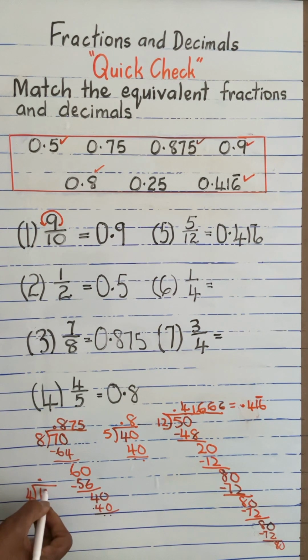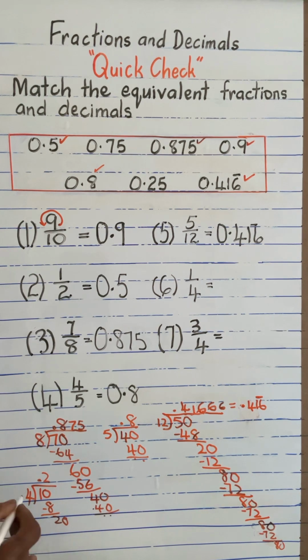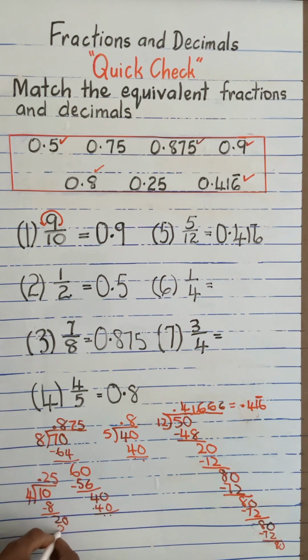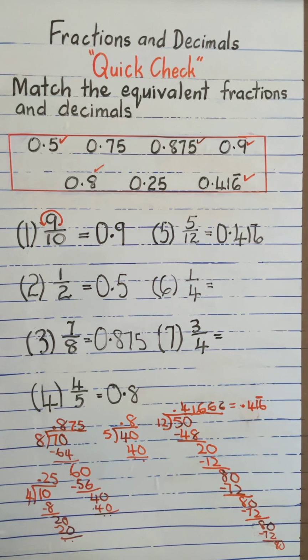No time. Put a point and a 0. How many times can 4 go into 10? 2 times. 2 times 4, 8. Subtract. Add a 0. How many times can 4 go into 20? And that is 5 times. So multiply, we get 20, and we subtract. So a quarter is equal to 0.25.